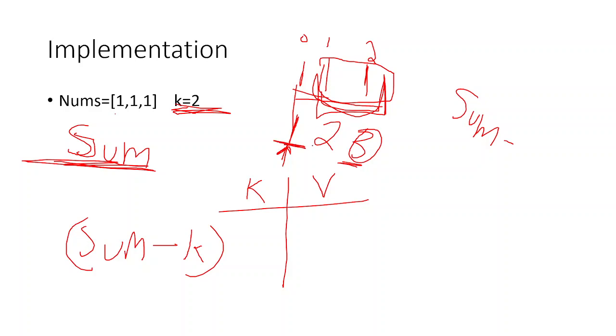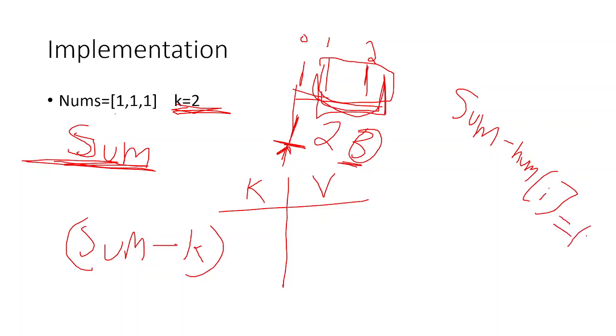The specified num, if you subtract this, we get the k value. We are doing pretty much the same thing. That is sum minus nums of something which we are finding equal to k.